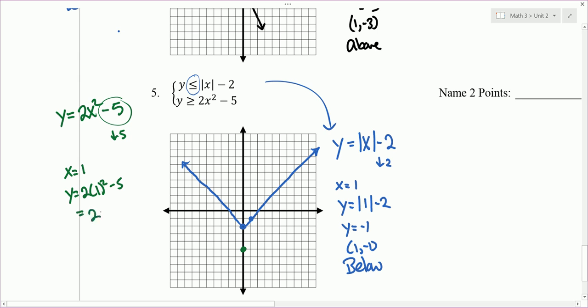And we get 2 times 1 minus 5, which is negative 3. So that gives us the second point at 1, negative 3. Solid graph. Something like that. And then we want to shade above.